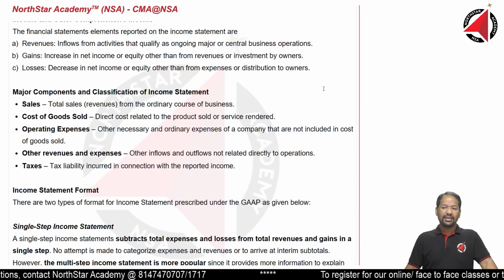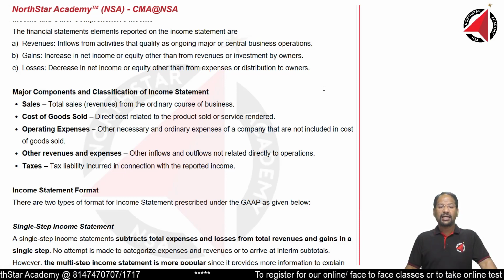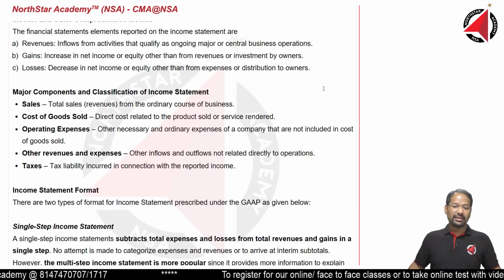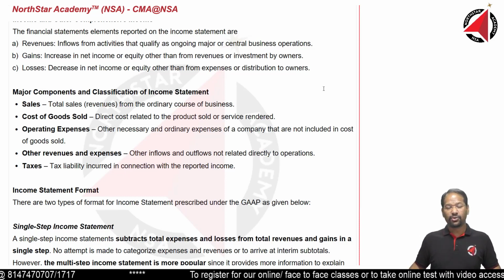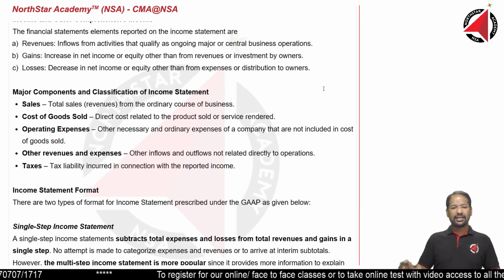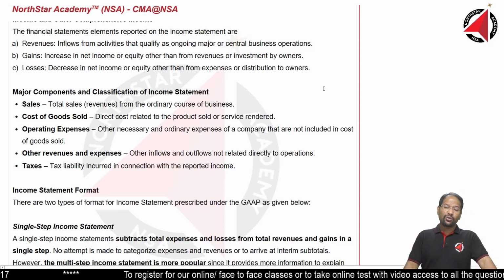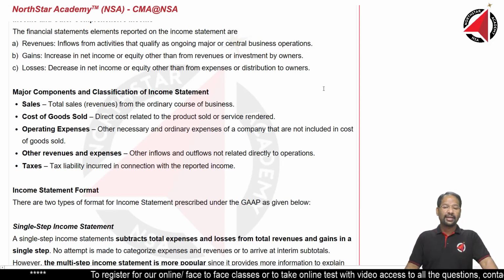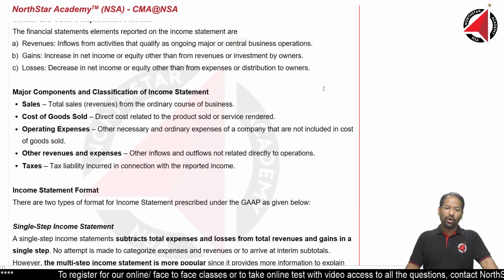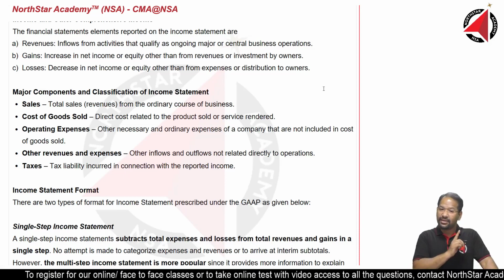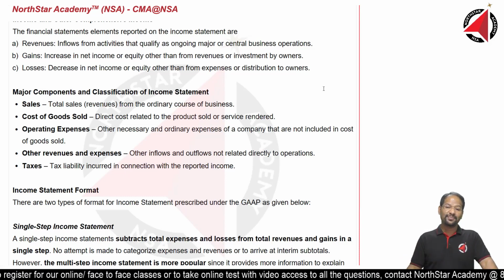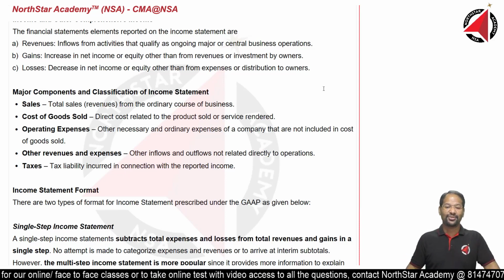For example, selling, administration, marketing, distribution expenses. Remember, operating expenses do not include cost of goods sold. This is a major mistake students do. They by mistake include cost of goods sold also in operating expenses. Remember, operating expenses, yes, do not include which one? Cost of goods sold. Very good.